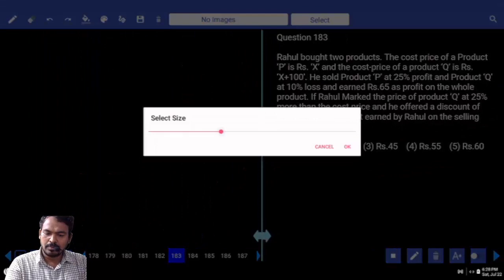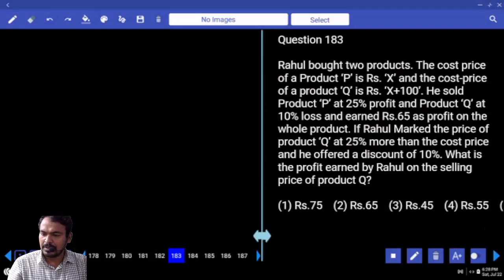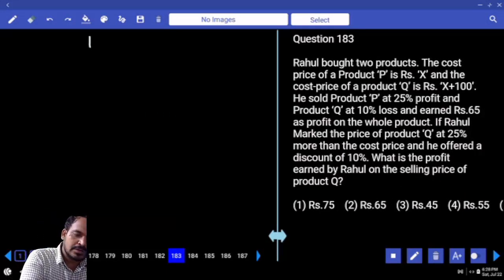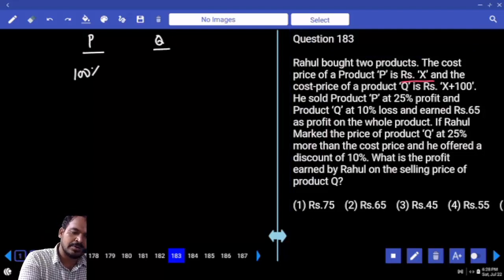Rahul bought 2 products or only 1 product? 2 products. The cost price of the product P is X rupees and the cost price of the product Q is X plus 100. How many products are given? 2 products, product P and product Q. P cost price is given how much? X. That X we consider 100%.